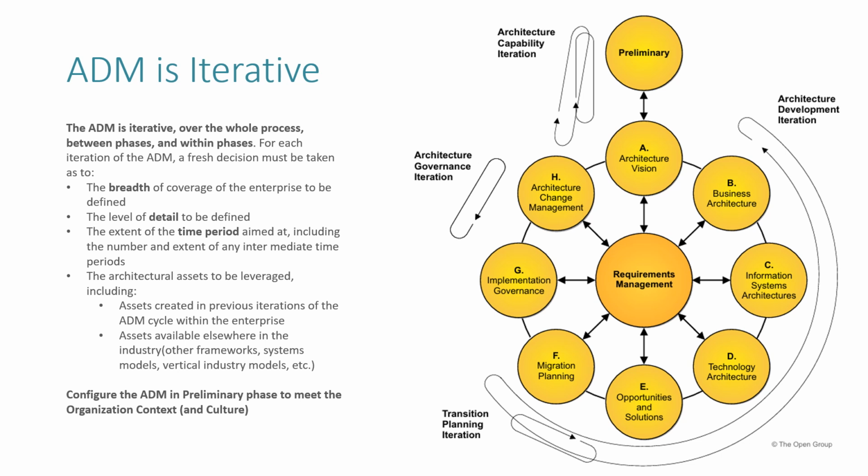Practically, last year I worked on a project and I worked very little on the technology architecture because there was a lot of detail I needed to work on in business architecture and then in IS architecture. But in technology architecture, I depend mostly on the IT teams or the implementation vendors to provide it. Ideally, the same level of detail should be provided in phase B, phase C, phase D, but you can customize.